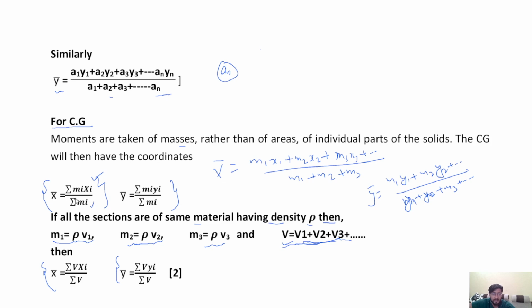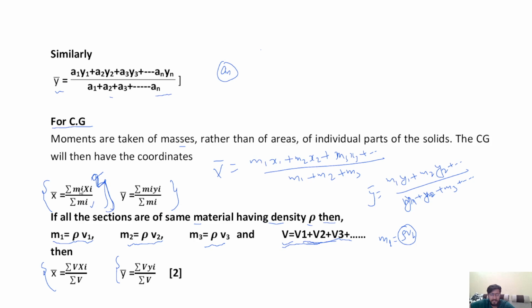That means, for summation of v xi, we know the formula of m1, that is m1 is equal to rho v1, and these rho v1, rho v2, rho v3 are taken in this equation and in this formula.